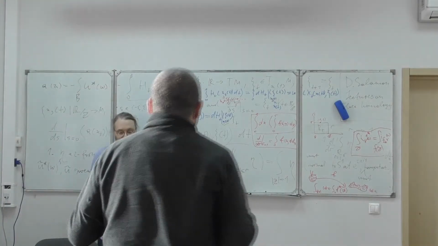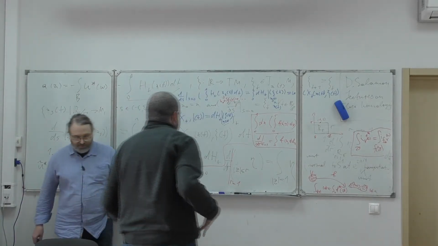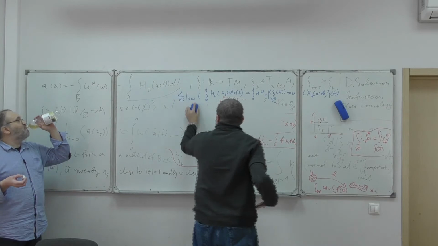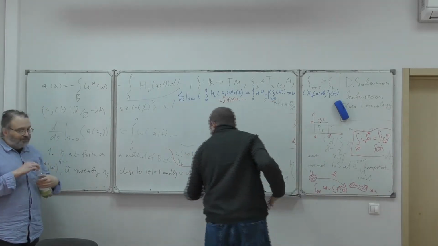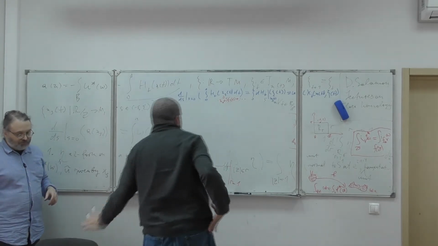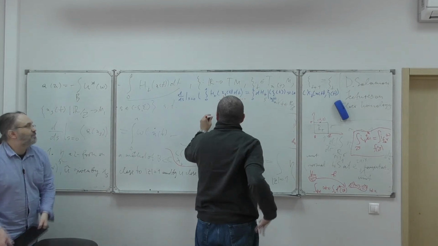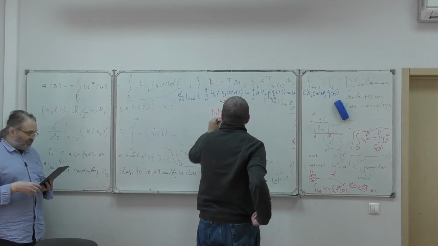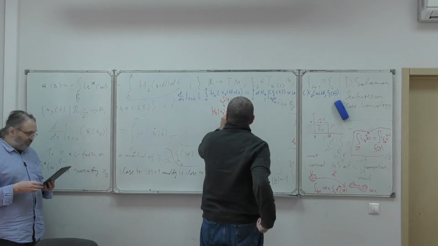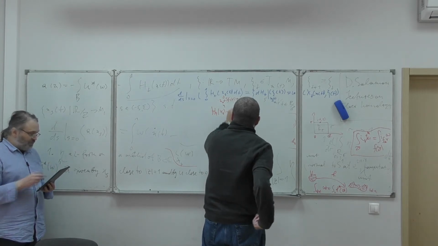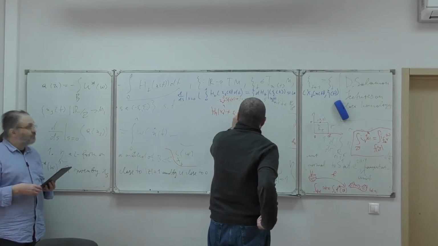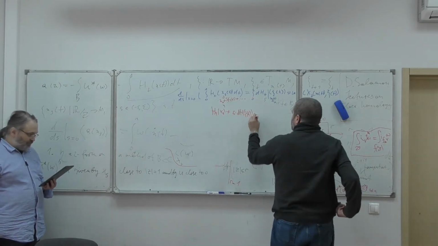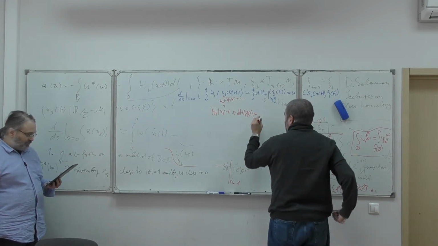I want to add one line. This part is equal to ht at the point x naught plus s times dh of xi, plus terms of higher order.